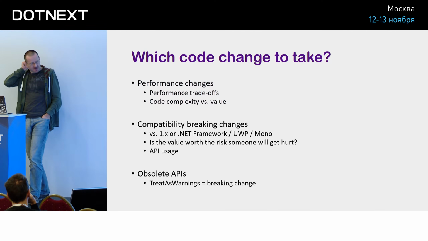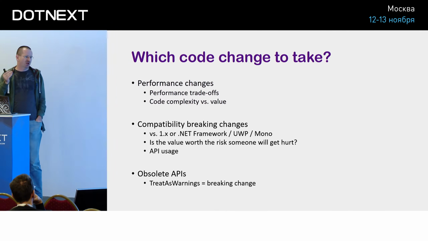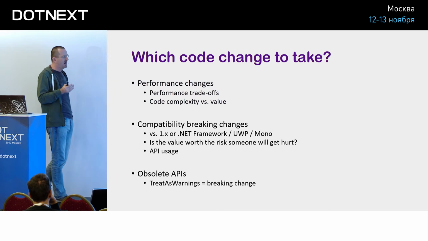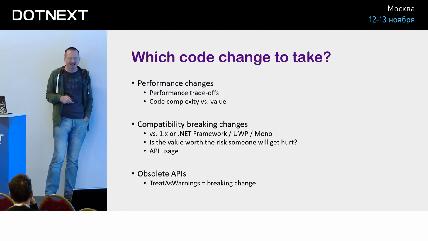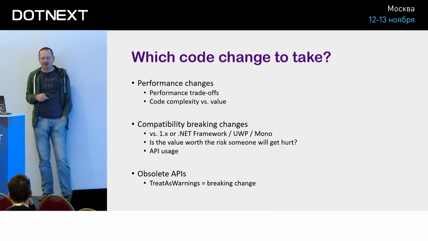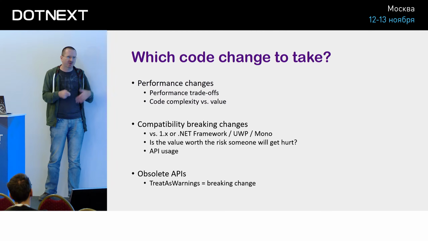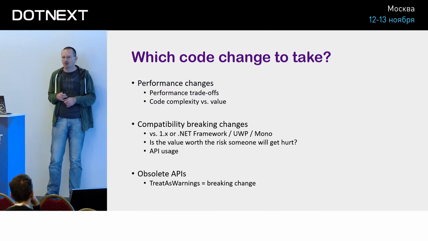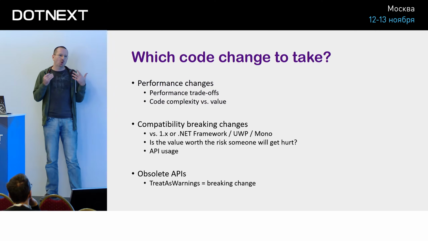Other similar changes which we take or don't take: oftentimes we find APIs which we designed 15 years ago, and guess what? They're not the best. They have limitations. We created something new, like the non-generic collections, for example, or many other things, which we would like to obsolete.